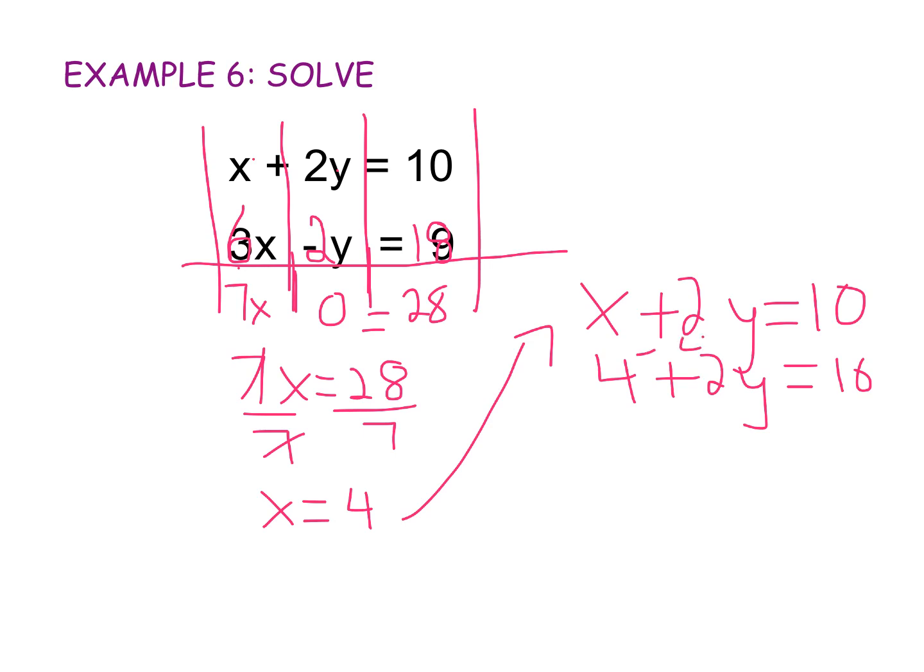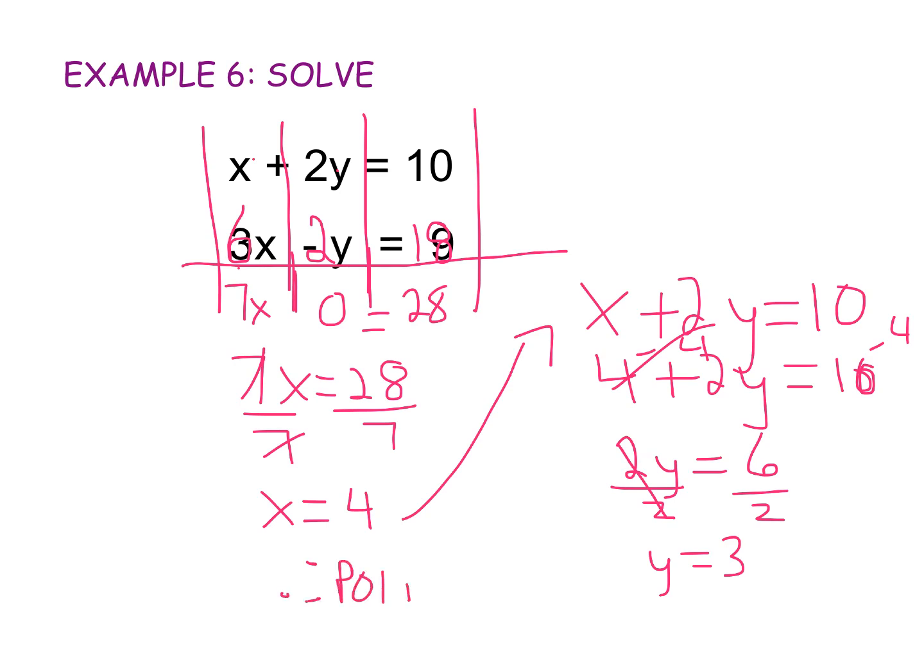And we're going to minus 4. Now we have 2y, because this makes 0, and 10 minus 4 is 6. Divide by 2, y equals 3. So therefore, our POI is 4, 3.